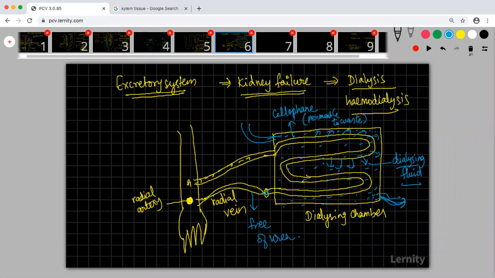But whenever it is a temporary problem because of an infection or some kind of disease, then in that case it will be cured.